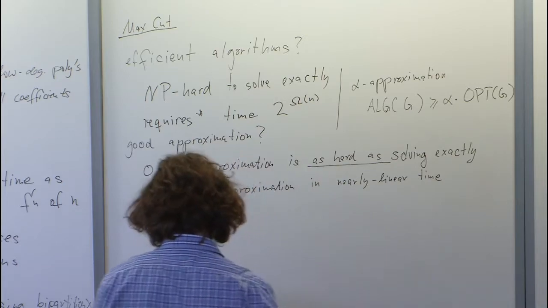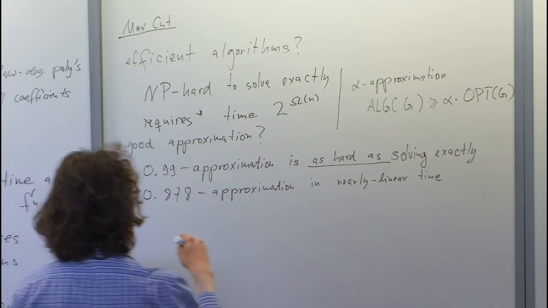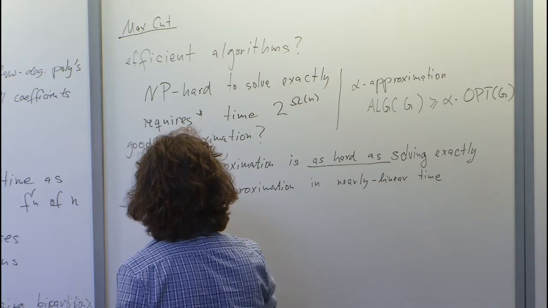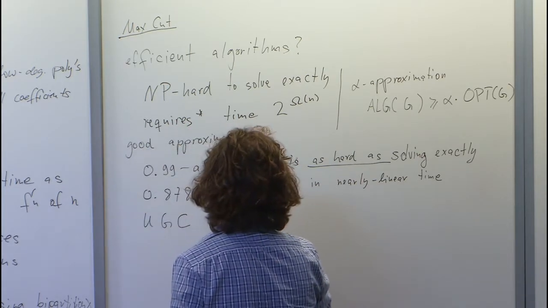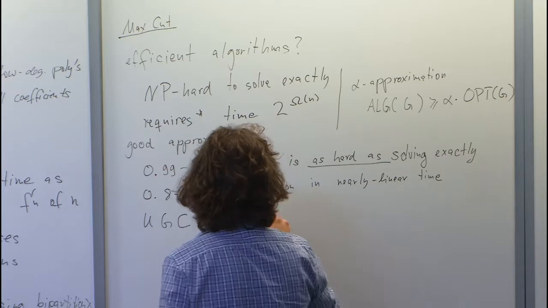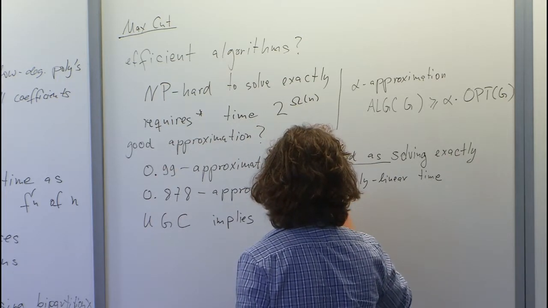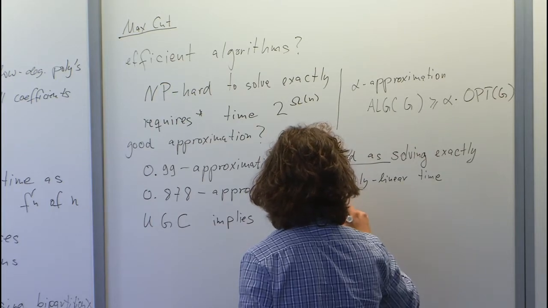And assuming the Unique Games conjecture, it implies that a better approximation is NP-hard.